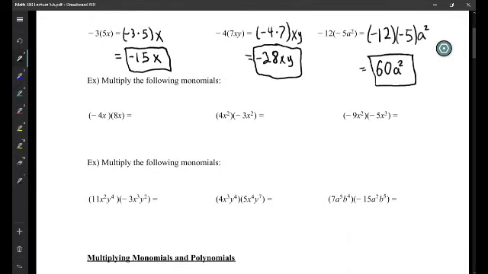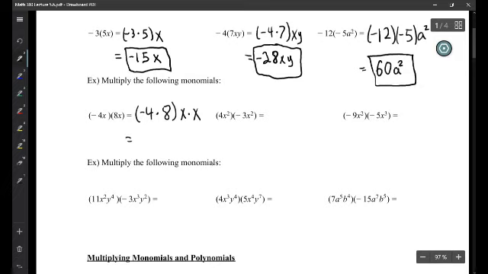Now we will multiply monomials that both involve variables. And so the first one, negative 4x times 8x. Well, you use the commutative property and the associative property to multiply the numerical factors first, and then multiply the variable components.